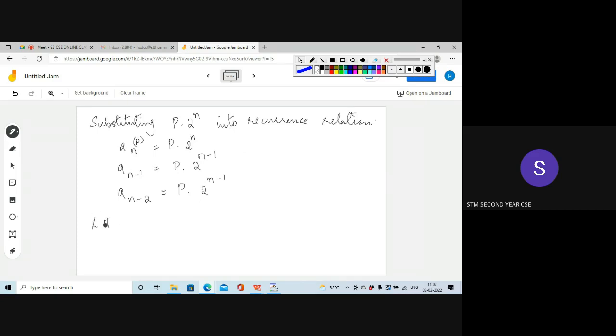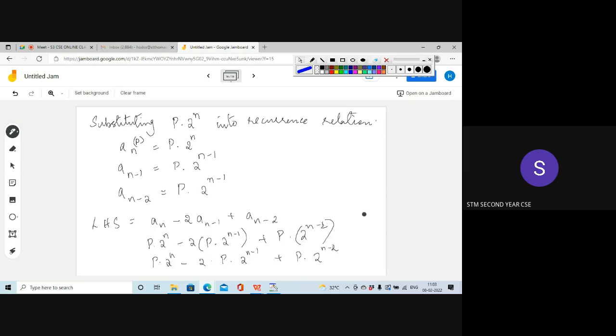We have LHS. LHS is equal to an minus 2 into an minus 1 plus an minus 2. This is our LHS. Now I'm going to substitute these three in this. I get p into 2 raised to n minus 2 into p into 2 raised to n minus 1 plus p into 2 raised to n minus 2. You can eliminate the brackets since everything is multiplication.